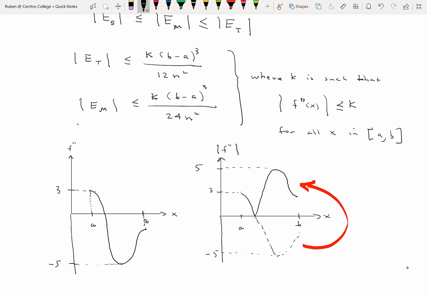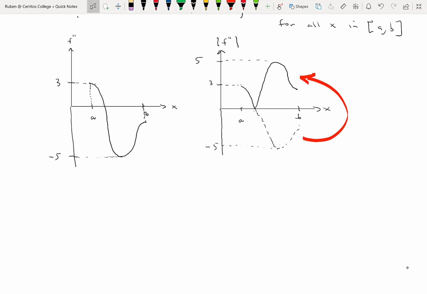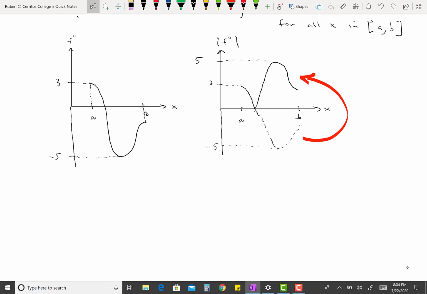In fact, many times we can't get that best value of k. We have to settle for any value of k that we can find. That may not make sense right away, so I want to draw that picture once again and talk a bit more about what I mean by the best value of k.